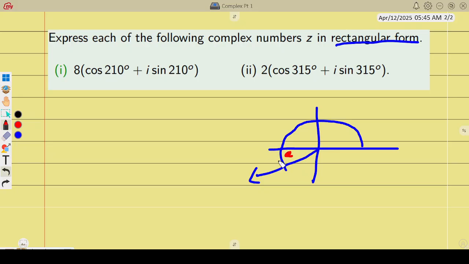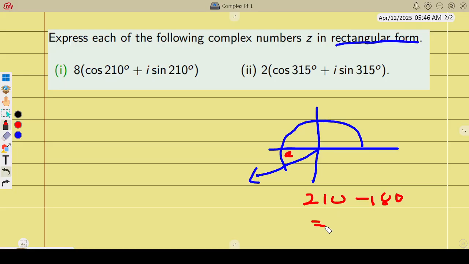So this angle is simply 210 minus 180. How do you find this angle? We're going to say 210 minus 180.